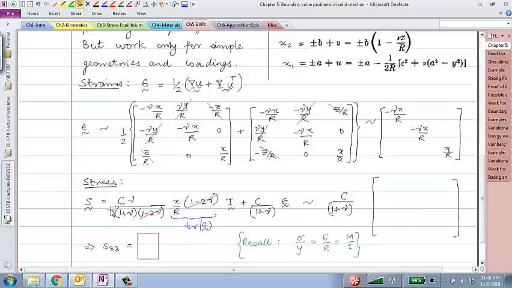So that takes care of this factor c over 1 plus nu times nu x over r times identity. That cancels off with these two terms. And what I'm left here with is 0, 0, and 1 plus nu x over r. I can then further cancel this 1 over nu with this factor outside, and what I'm left with is c x over r. So every component of the stress tensor field is 0 except the S33 component.